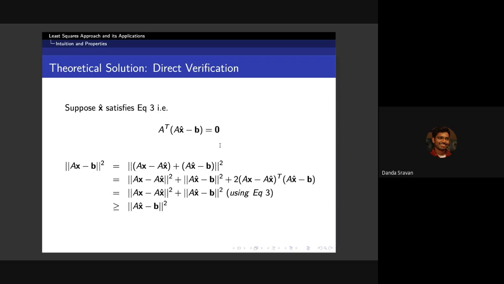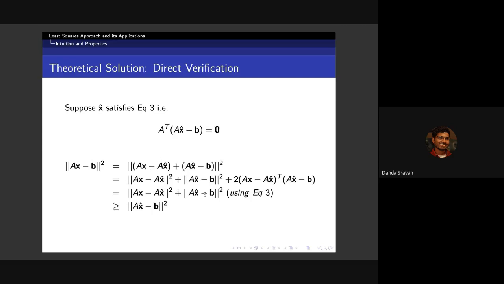We need to check that any x hat that satisfies this particular equation should give me a minimum norm. So I pick an arbitrary x, and look at the norm of Ax minus b squared. I rewrite this and break it up as the norm of u plus v whole squared.